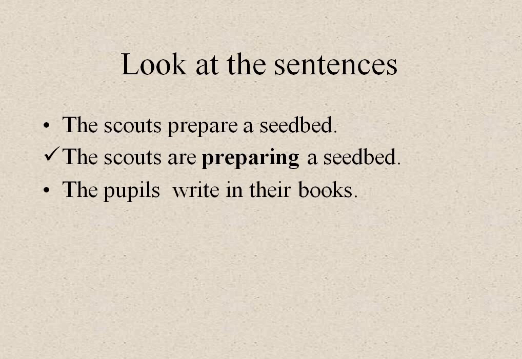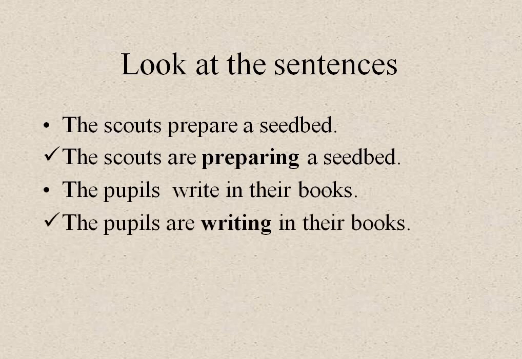So the correct answer with ing, which changes the verb write to writing, is given, and it has a bullet with a tick, meaning it's the correct answer. So here it goes. The pupils are writing in their books. So when the pupils are writing their books, it means that the action is taking place continuously.